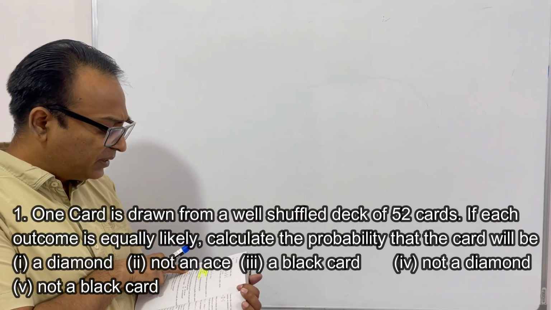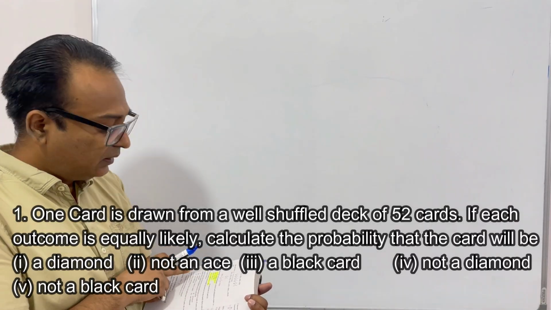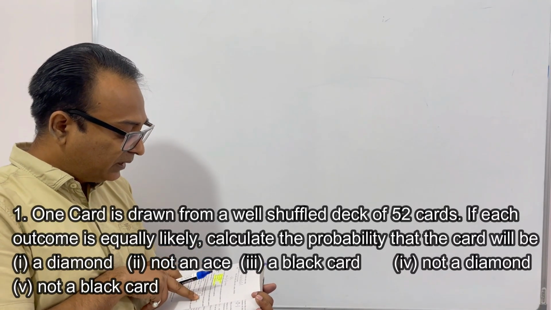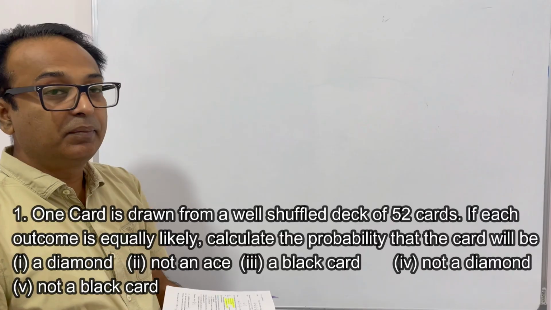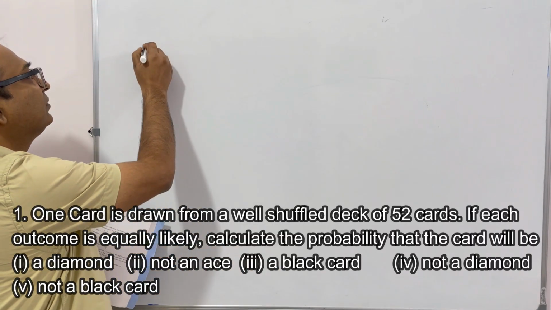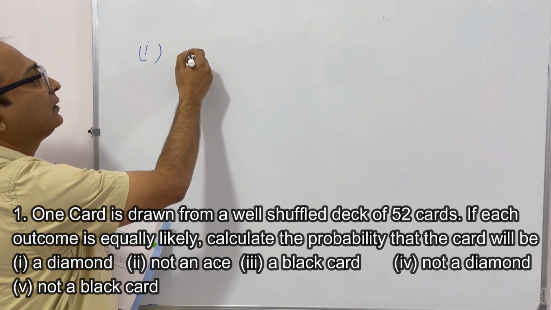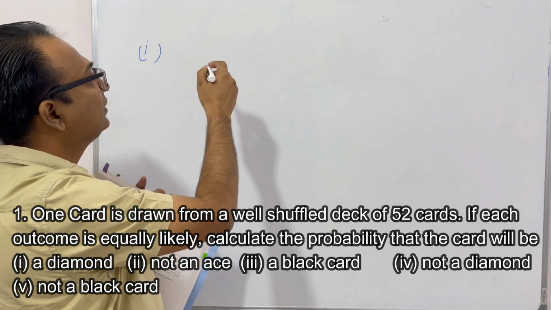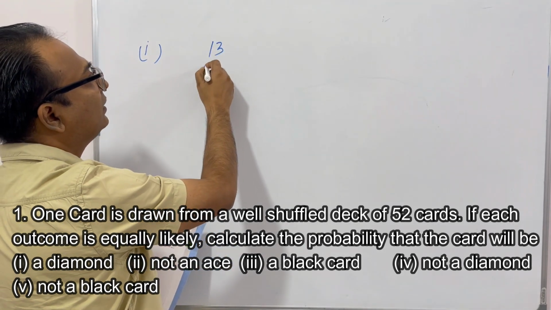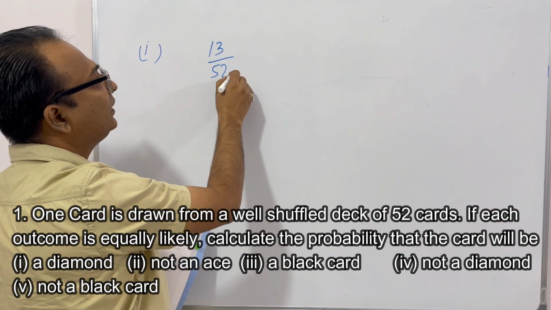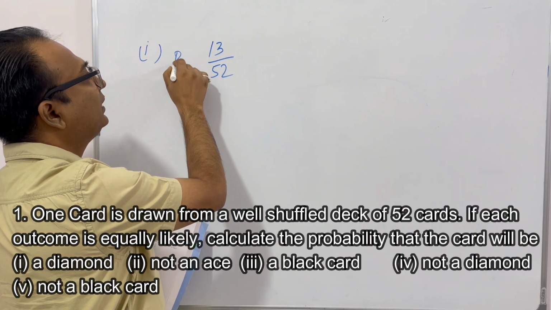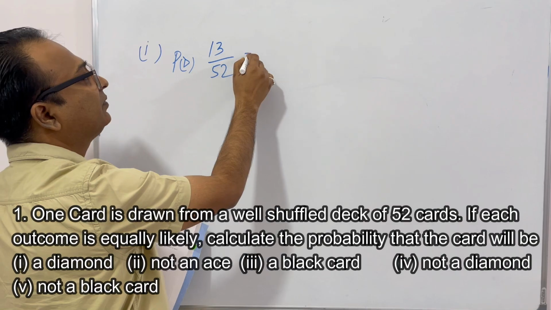If each outcome is equally likely, calculate the probability that the card will be a diamond card. How many cards are diamond? 13. And the total number of cards is 52. Therefore, the probability of getting a diamond card is 13 by 52.